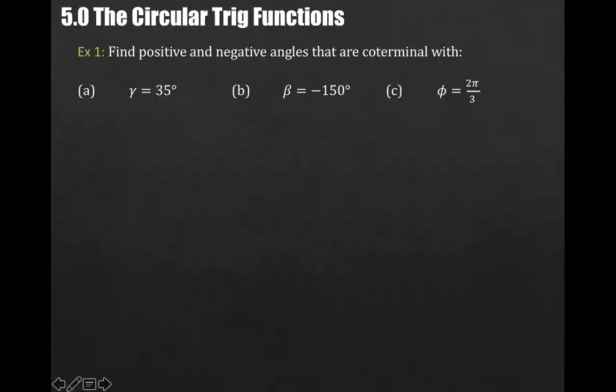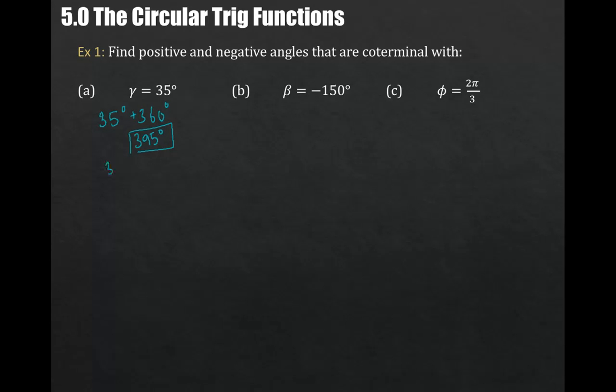Find positive and negative angles that are coterminal with these. This would be a really good place if you wanted to pause the video and try this on your own. Right, and hey, I could go 335 plus 360, which gives me 395 degrees, that would be one.